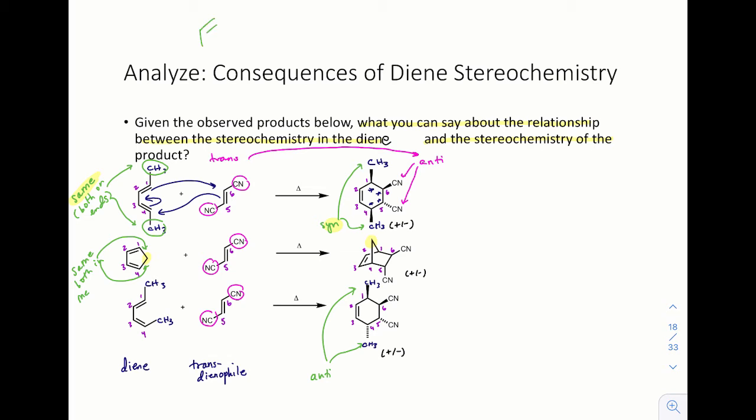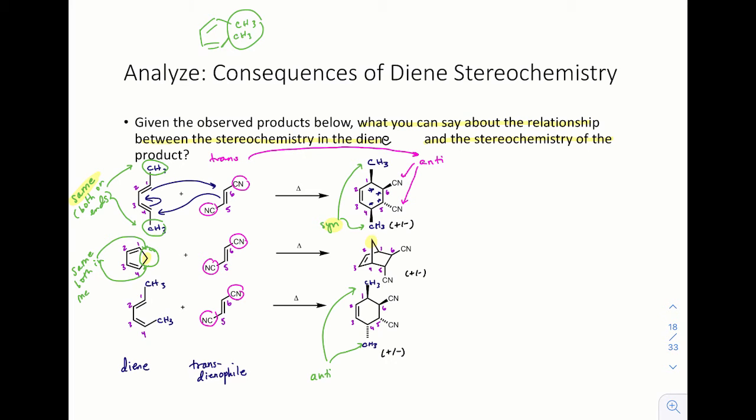So here, think about this one. Let's say there are two methyl groups, both pointed into the middle. I mean, obviously, that molecule would basically never occupy the s-cis conformation because of all that steric interaction. But this is what I mean about the CH2 group. It's in the middle. So these two methyl groups would have the same relationship.